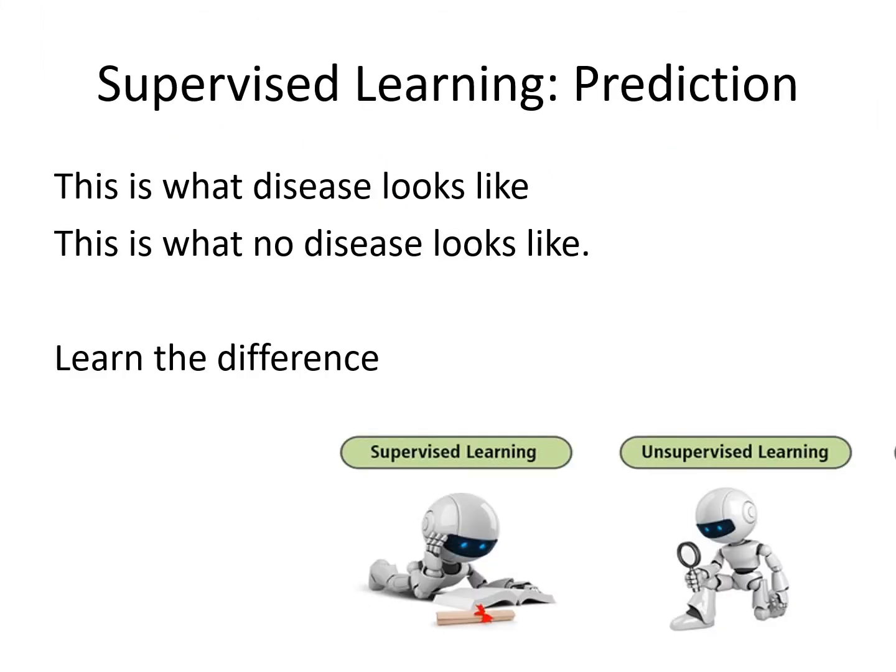So I'm just going to give some examples of how we've used machine learning in our epidemiology work. One method of machine learning is supervised learning, where you show the machine, this is disease, this is no disease, spot the difference. Like a clinician sees a lot of people with the disease and so can recognize the features of that disease.